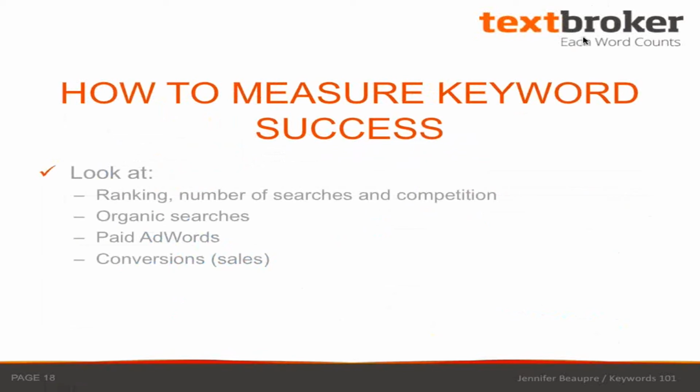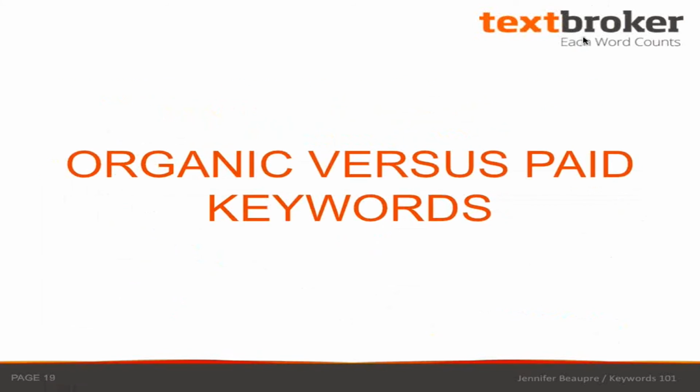And of course, the final thing that you want to look at is conversions or sales. If people are clicking on either your ad or your organic search ranking, and then they are either buying your product or calling you to come buy because they came to you through the internet, and you see that increasing over time, you will know that those keywords are being successful for you.